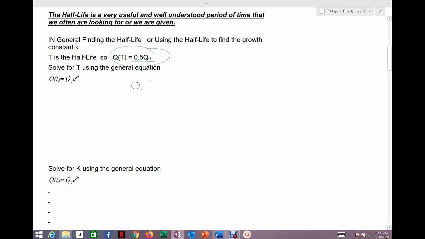So I have 1/2 what I started with, so 1/2 my initial value equals my initial value e raised to the k times time. Alright, divide out my initial value, and again, that will reduce. So on this side, I'm left with the half, the 0.5. On this side, I'm left with the e raised to the k times time.